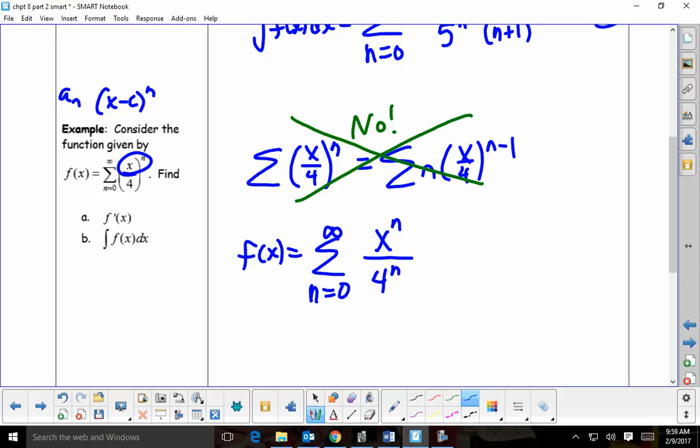Or you could have said 1/4 to the n if you like to see it out in front. Okay? But now I've got this part separated, and then this part, this 1 over, is my coefficient going along for the ride. Okay, so go find f prime, go find the integral.